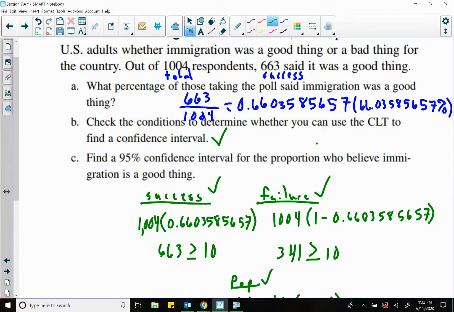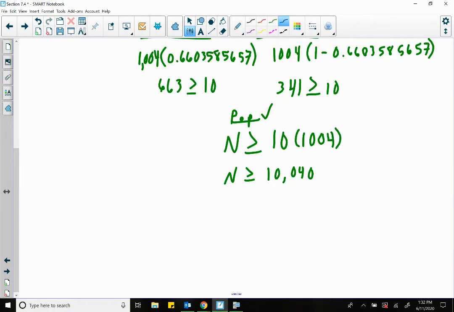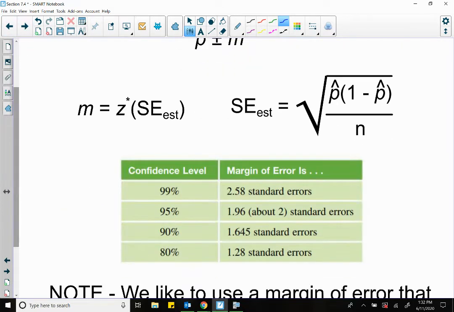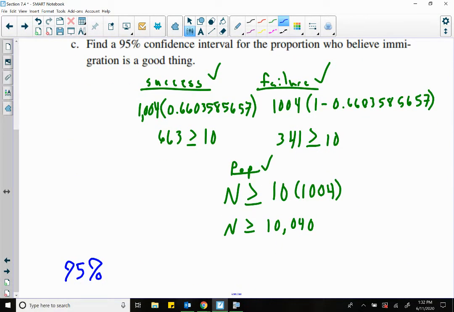Okay, and now we can find our confidence interval. Let me show you how to do this by hand first. We're doing a 95% confidence level. So that means if we go back here, we want to use the 1.96.